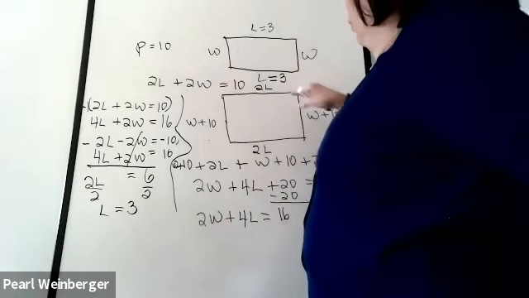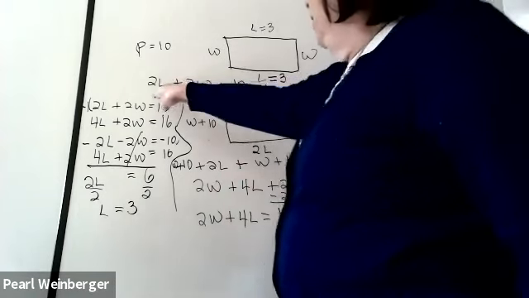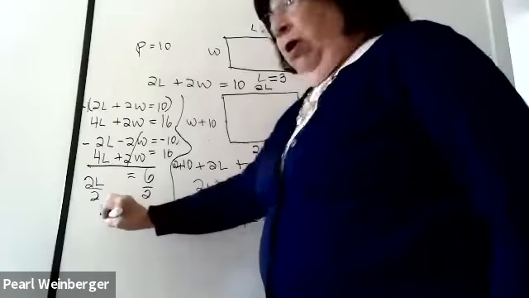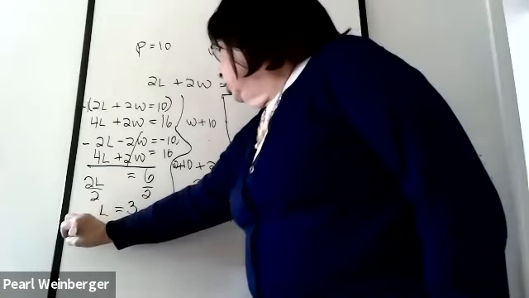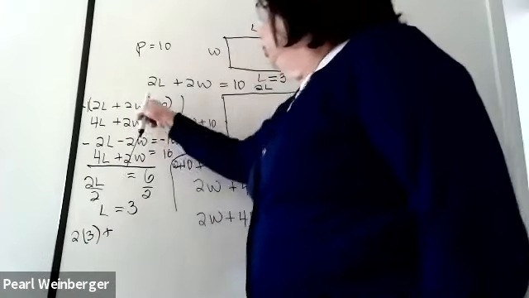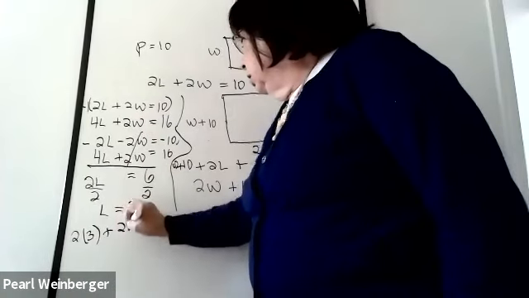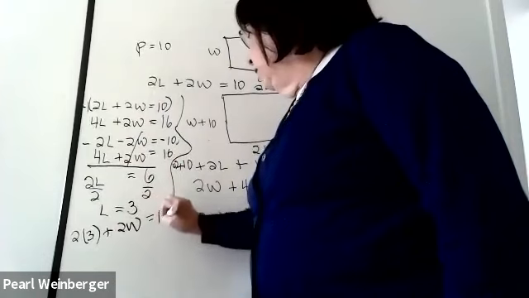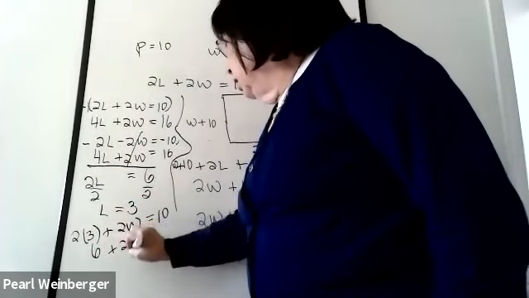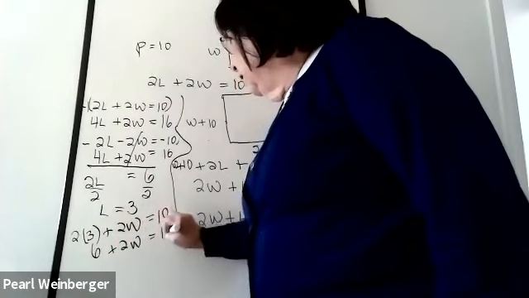To find out what its width is, let's go back to this original equation. We have 2L, so that's 2 times 3, plus 2W equals 10. So 6 plus 2W equals 10.